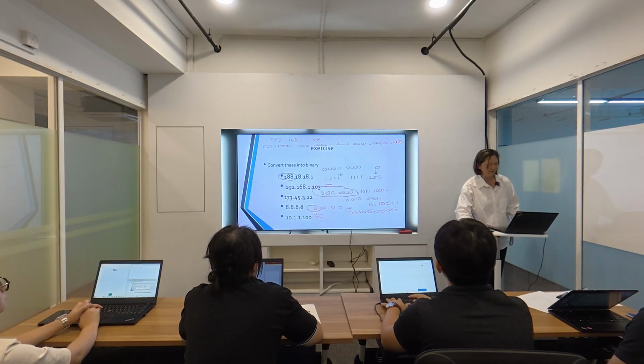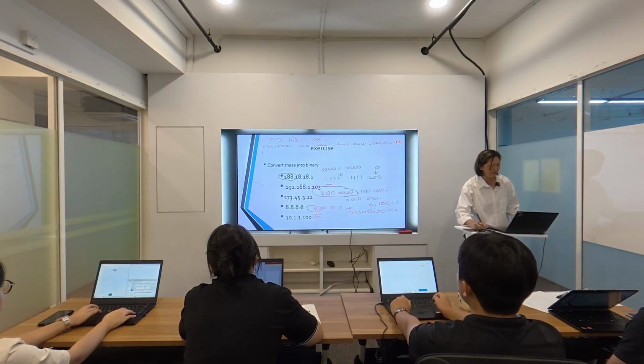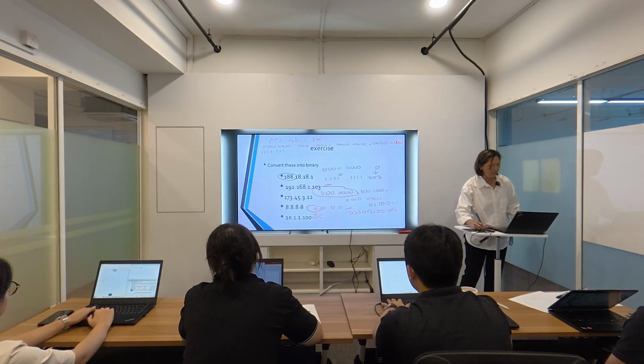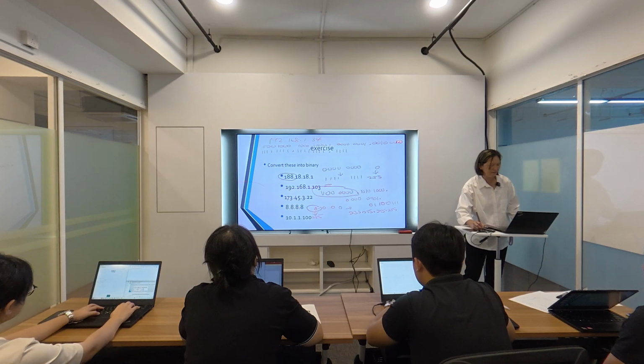Okay, so that will be 34. And then you operate it with the 255.255.255.0 mask, which comes as a binary representation: sets of 1s and 0s.